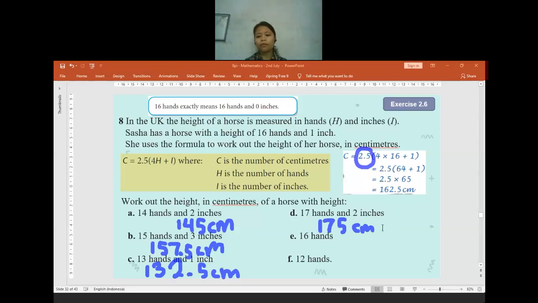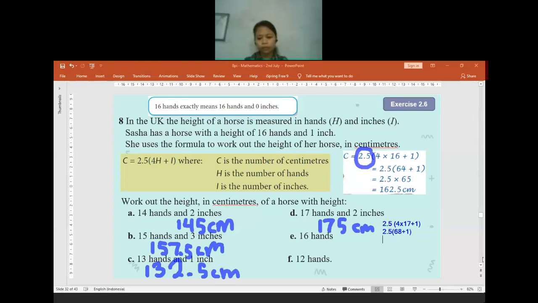So we do 2.5 times (4 times 17, and then we add 1). We have multiplication and also a bracket, and we have to finish the bracket first. So it will be 2.5 times (4 times 17), which equals 68 plus 1.